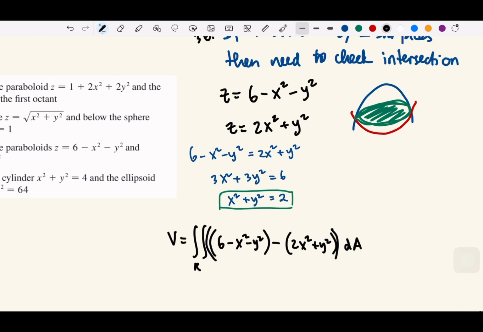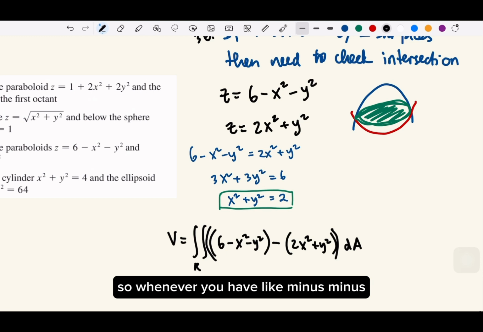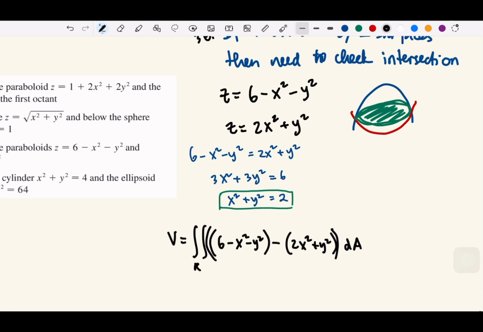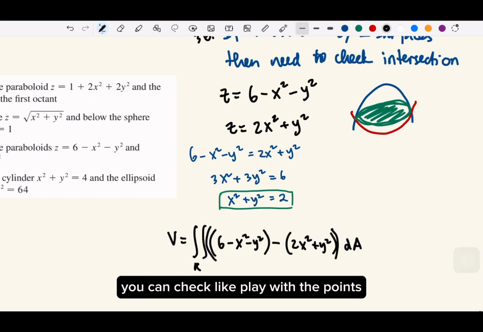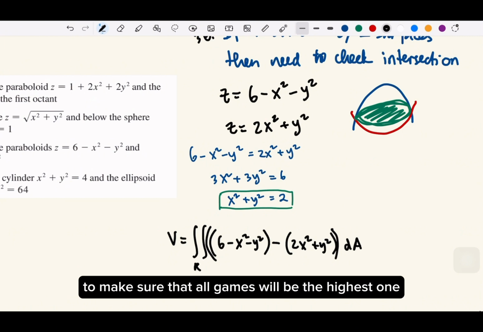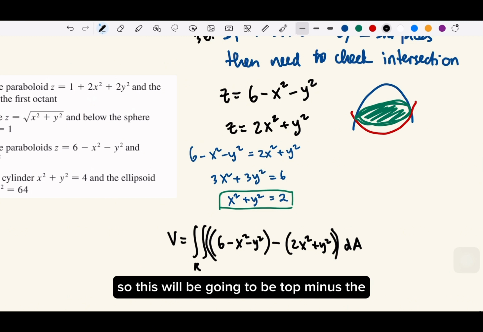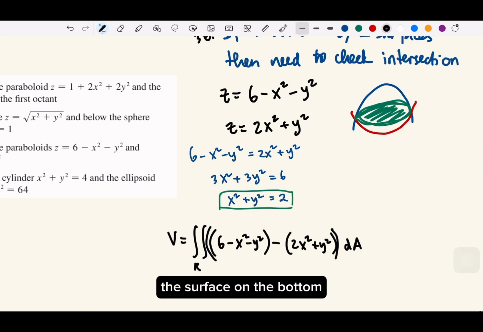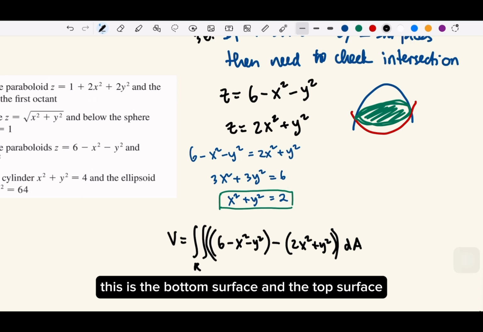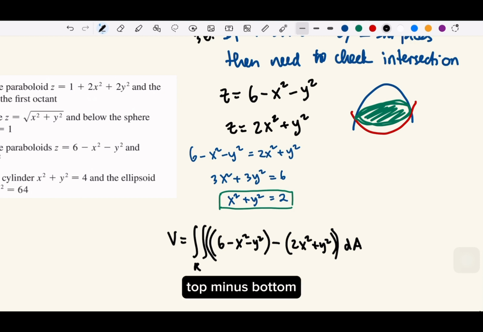If you have the minus, it gives you this. So whenever you have a minus, you have a paraboloid which gives you this. If you have a positive, it gives you this. So of course, this one will be higher. You can check by playing with some points to make sure that this is the highest one on top. So it's top surface minus bottom surface.